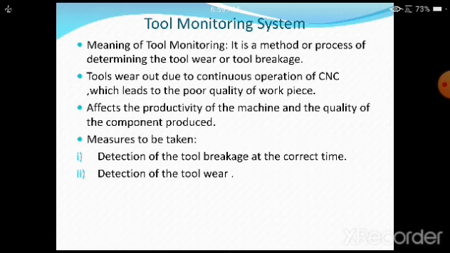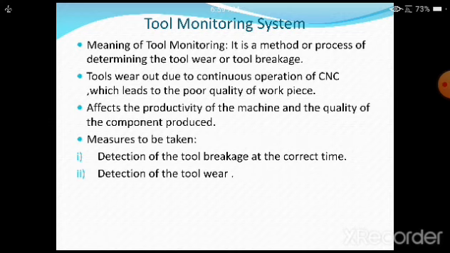We need to understand one important concept here. As CNC machines are made to run continuously, the operator need not check the efficiency of the cutting edge, so there should be an automatic tool monitoring system.